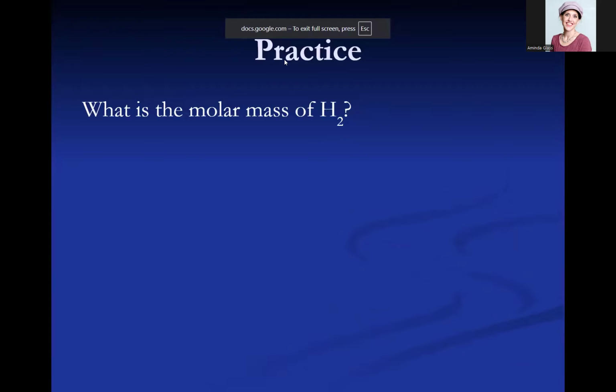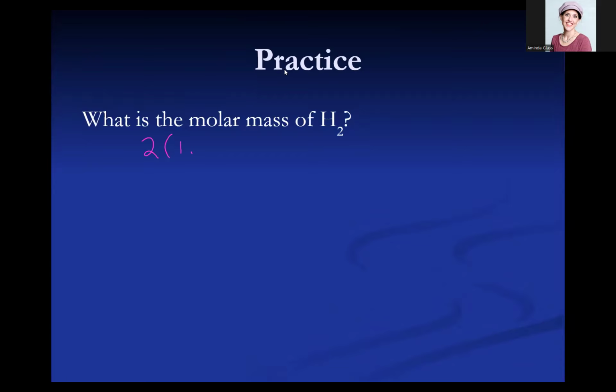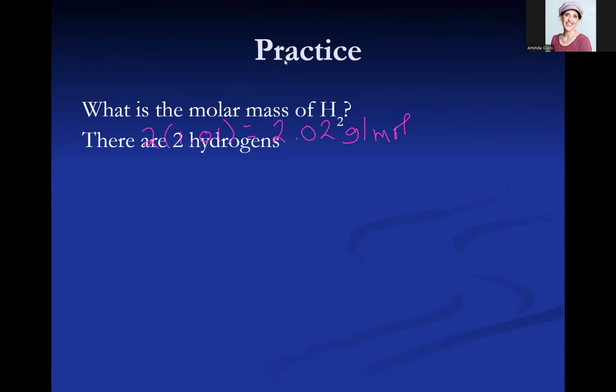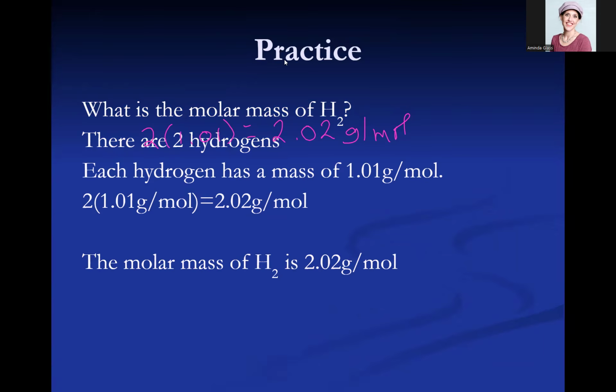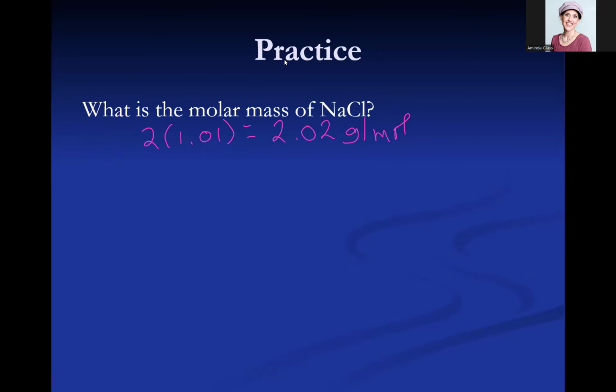So I say I have 2 hydrogens, and each one has a mass of 1.01. So that gives me a molar mass of 2.02 grams per mole for my H2. Now, we know the molar mass of hydrogen gas is 2.02 grams per mole.